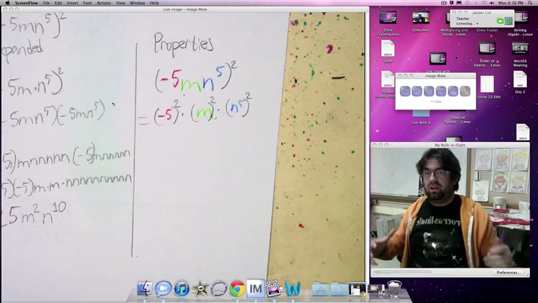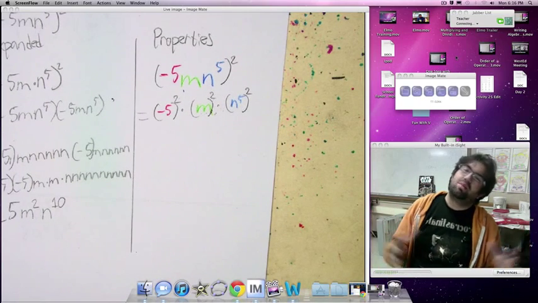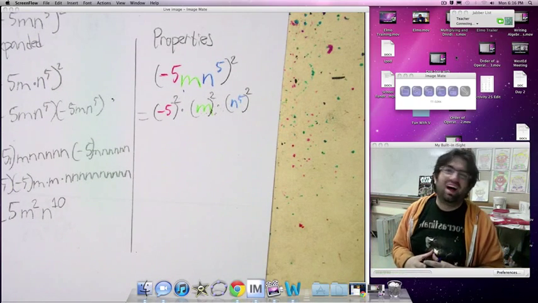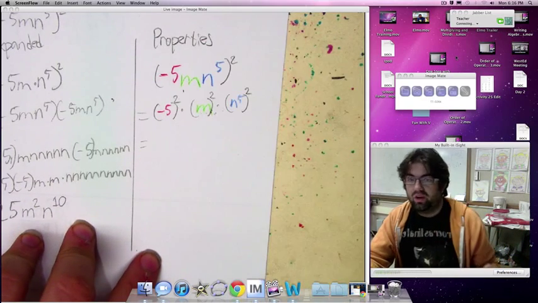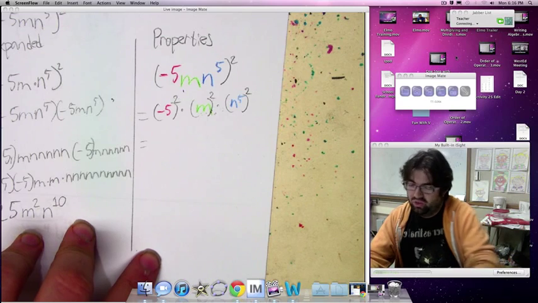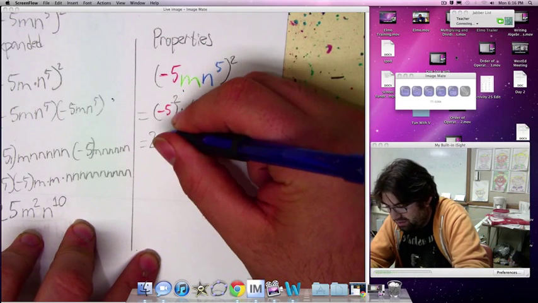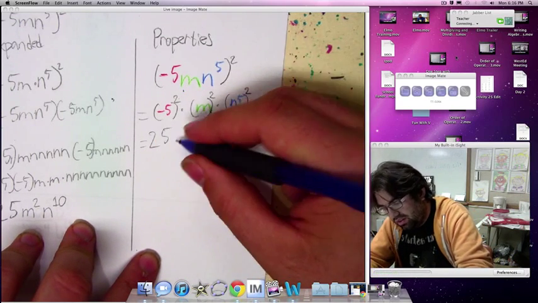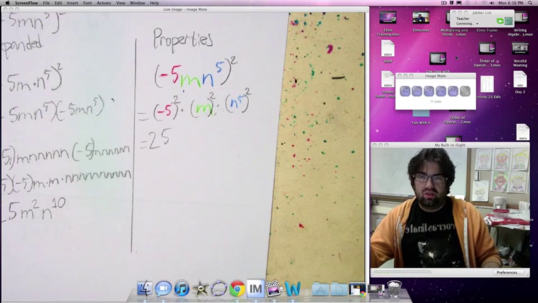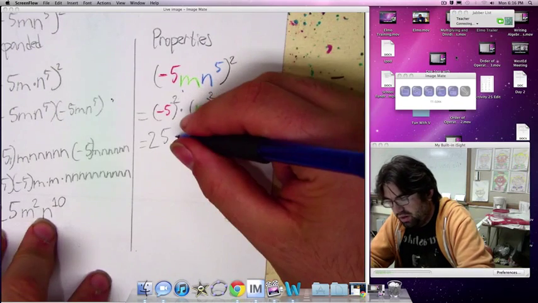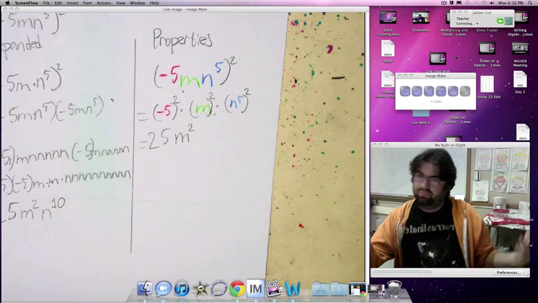So they're all separated. And then they're all going to come back together. What's negative 5 squared? Well, 2 is even, so it's got to be positive, so it's going to be 25. M squared, there's just an m in there. M times m is just going to be m squared. Nothing special about that.